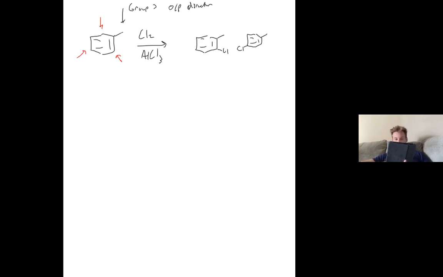Versus if we had this ester here, we would say this is a group 5.